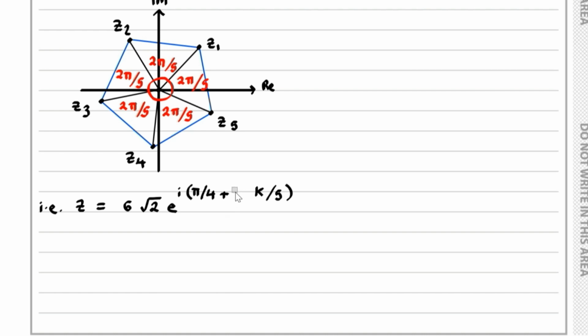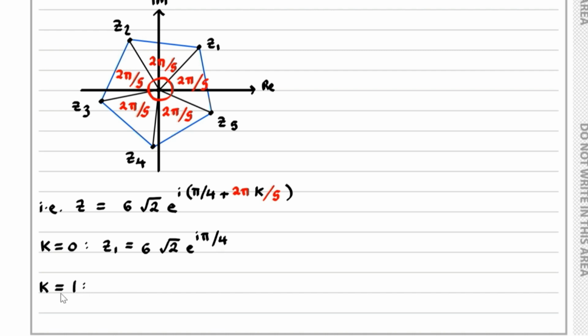Let's just emphasize where this came from. We've got 2 pi k over 5. And if we substitute different values of k in, we find the various roots. When k is 0, z1 of course is 6 root 2 e to the i pi over 4.